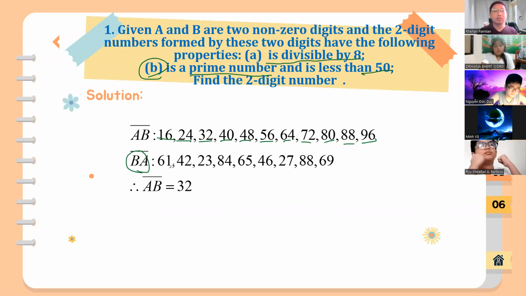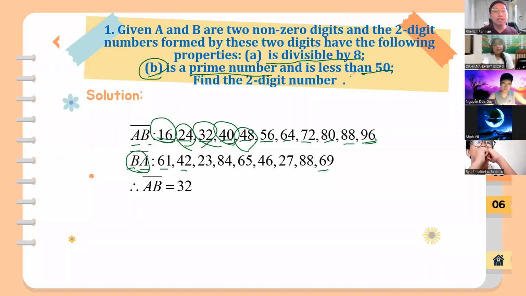That is the second condition. When you transform each number, meaning reverse the order from the form AB into the form BA, 16 becomes 61, 24 becomes 42, and so on until 96 becomes 69. Then you need to observe whether it is less than 50 and a prime number.